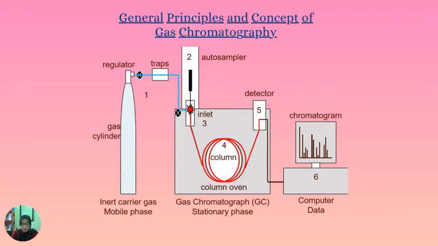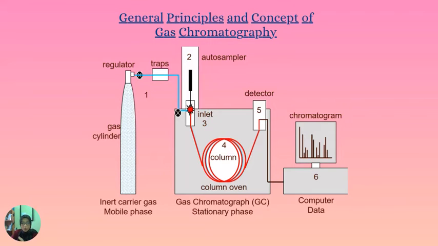The four basic components of gas chromatography. Firstly is carrier gas. Carrier gas is a chemically inert gas as the mobile phase. Gases such as helium, hydrogen, and nitrogen are usually used as a carrier gas.